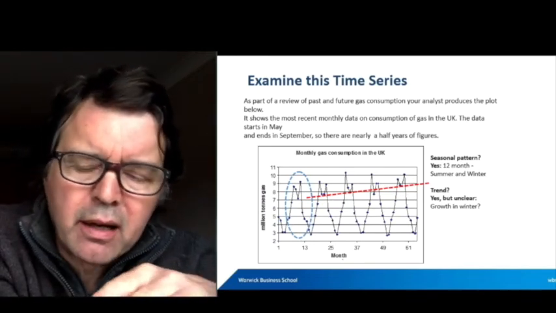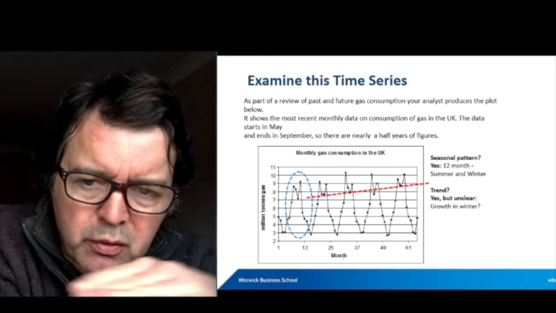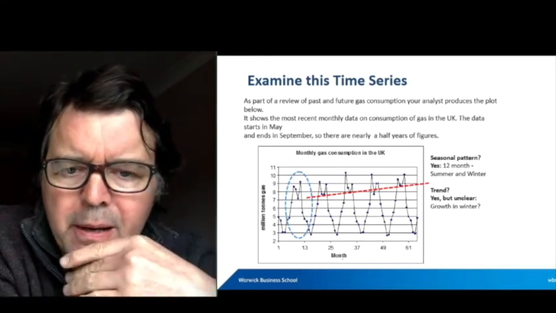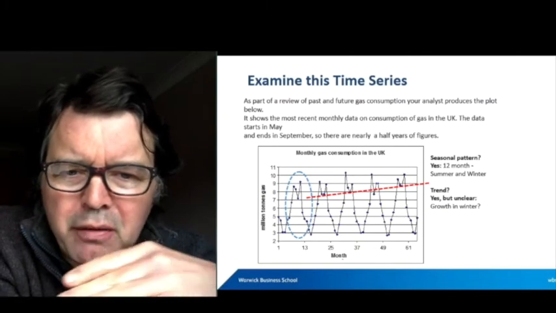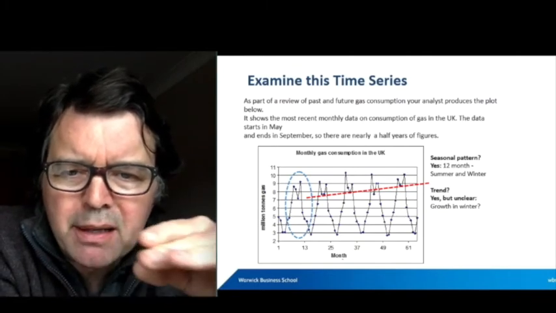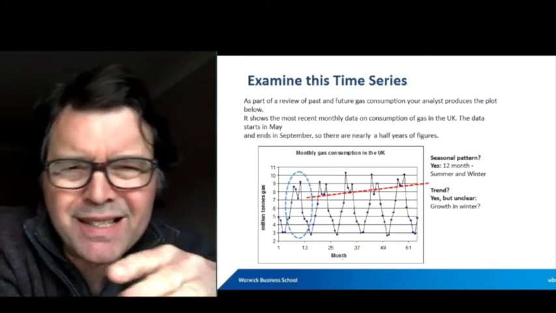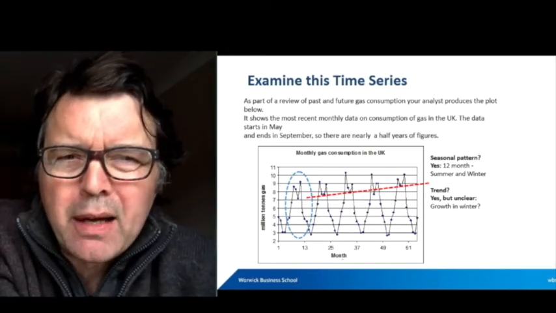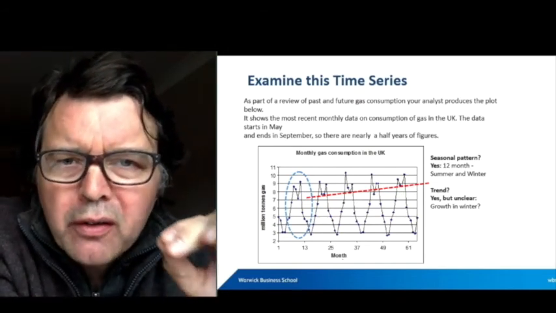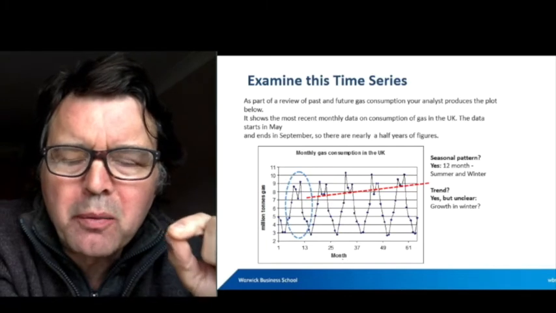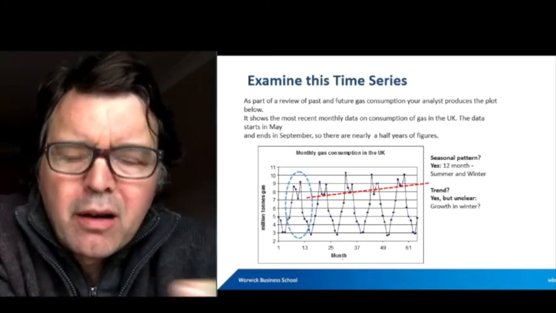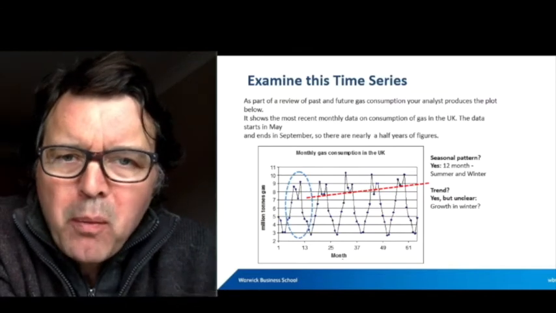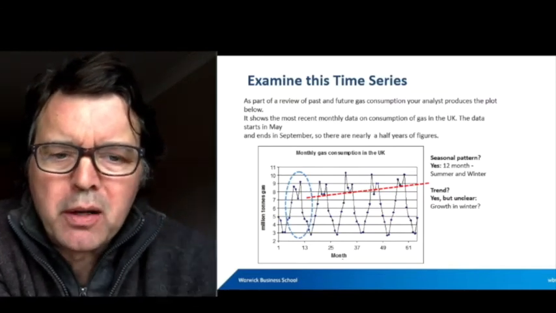It looks like the summer months will stay flat at about 3 million tonnes, and there might be an increase above 9 million tonnes going on in winter, but it's not at all clear. It's really important with forecasting that we don't try and make a forecast when it's not possible. We should be really open and honest about that.